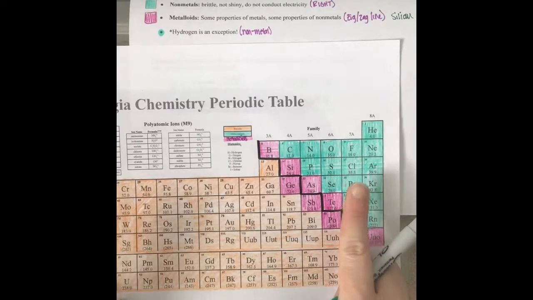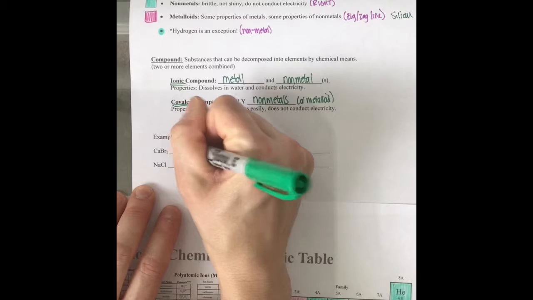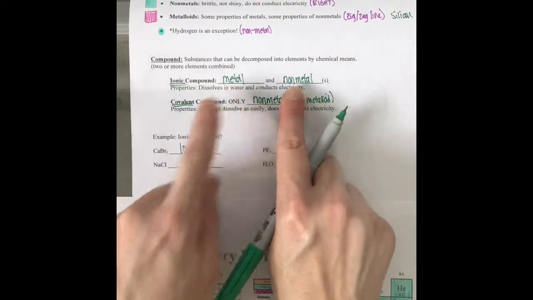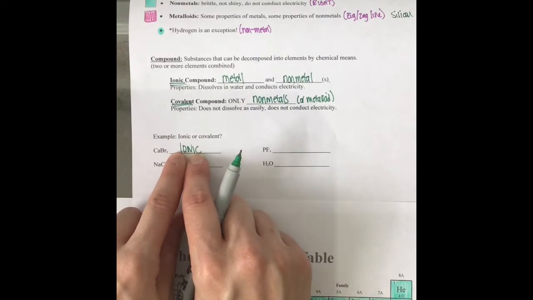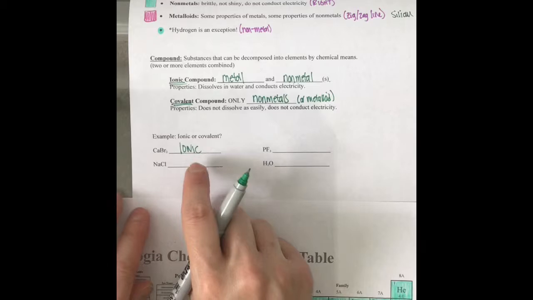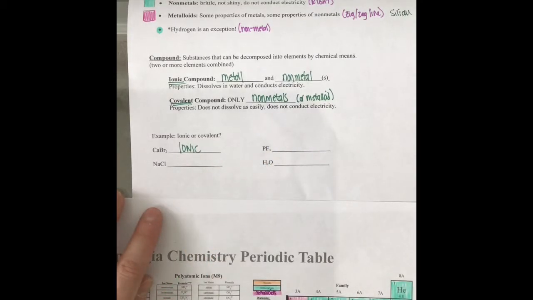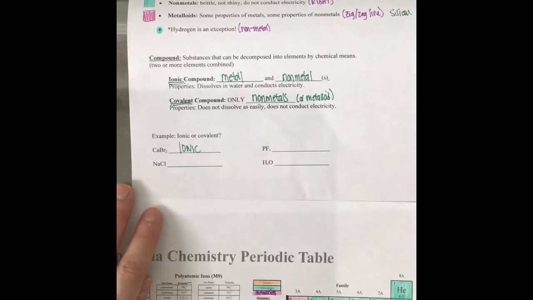Bromine is in the non-metal group. I have one from each side. It's ionic. I have a metal and a non-metal. Metal, non-metal. We call it ionic. Okay? I'd like you to take a second and pause this video and try to work through the last three examples. Name it either ionic or covalent.